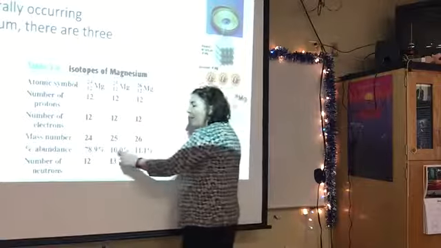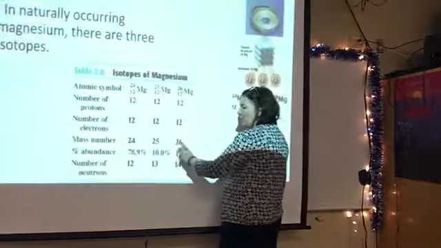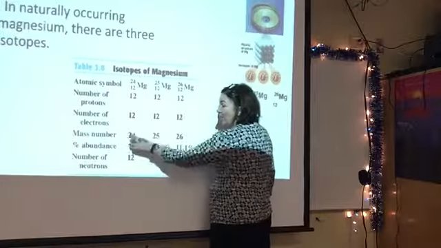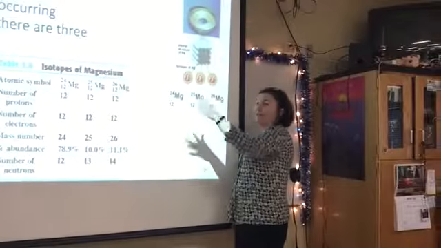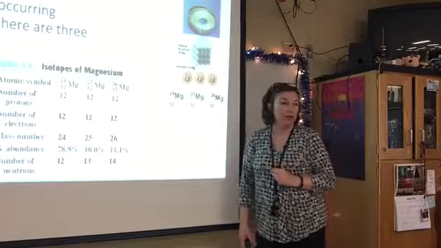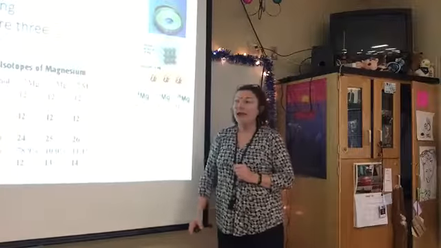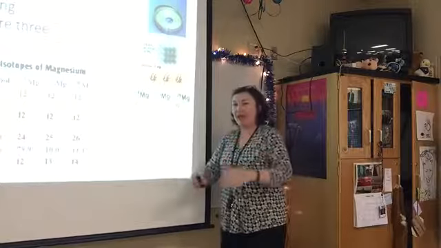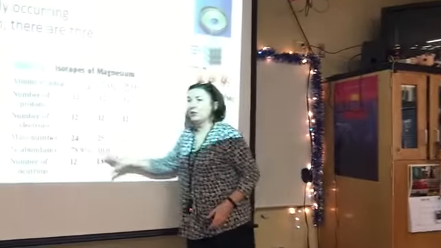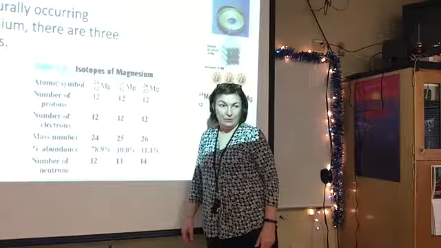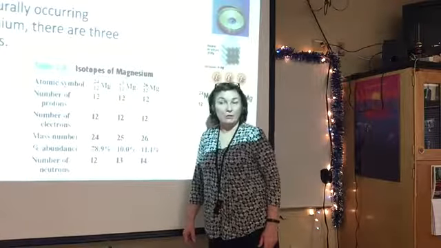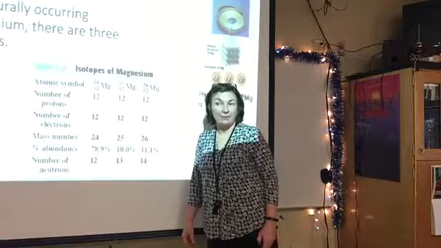So I take a weighted average, using these percentages as a weighted average of the masses, and the actual mass of magnesium is 24.31. That is the weighted average of all the different isotopes. Does that make sense? Yes or no? You get that?